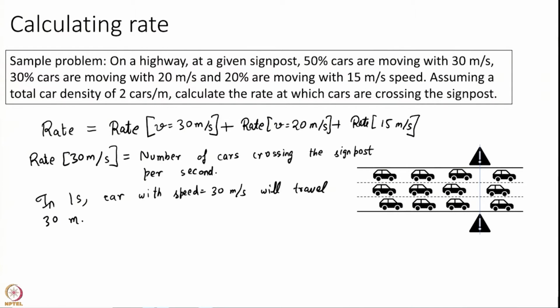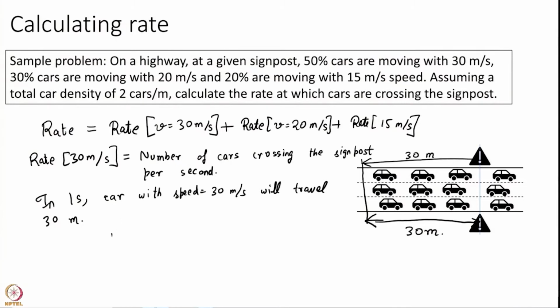What it means then is, if I take a length of 30 meters here, the cars that were in this 30 meters would have crossed this blue line, and any car that is outside this 30 meter length will not have crossed this blue line in 1 second. So in 1 second only the cars that fall within this 30 meter range will be able to cross.